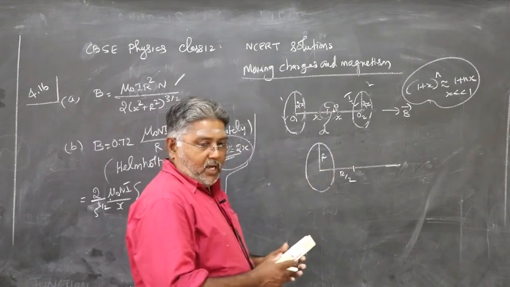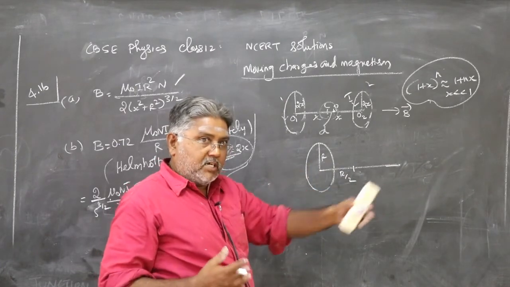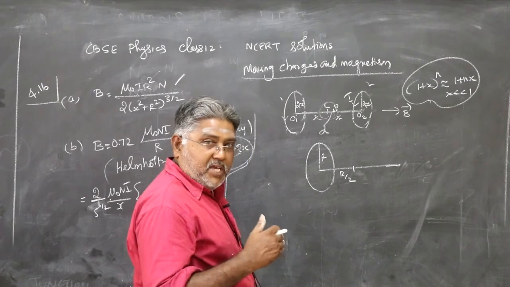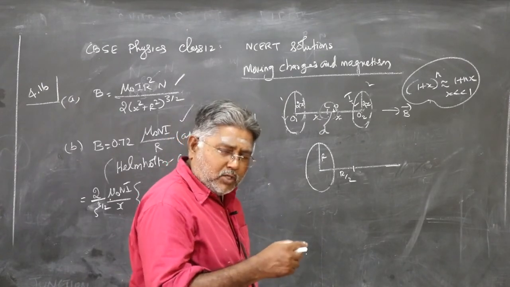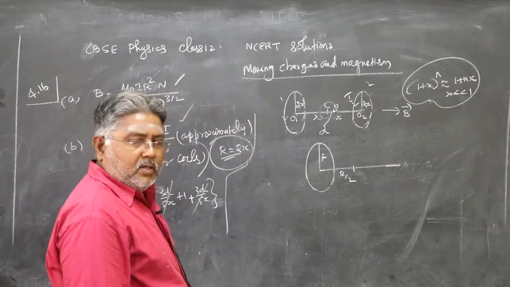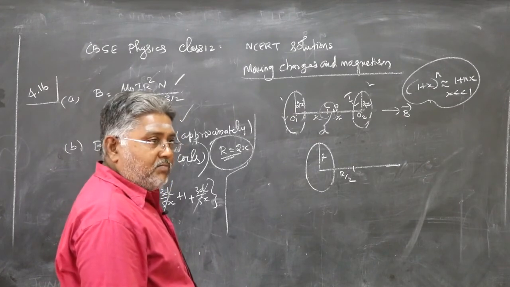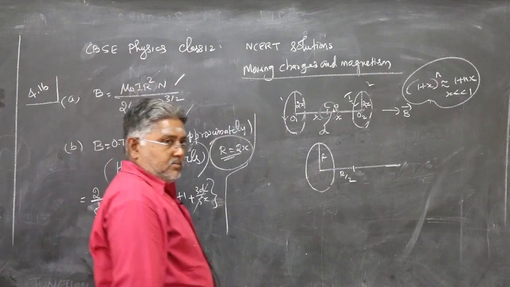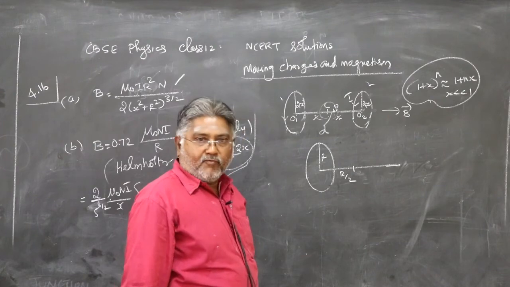Both this side of the coil as well as that side of the coil, when x is r by 2, that means very, very close to that point given by x equal to r by 2, the rate of change of magnetic field with respect to distance is constant, applicable for both sides of the coil on the axis, of course.